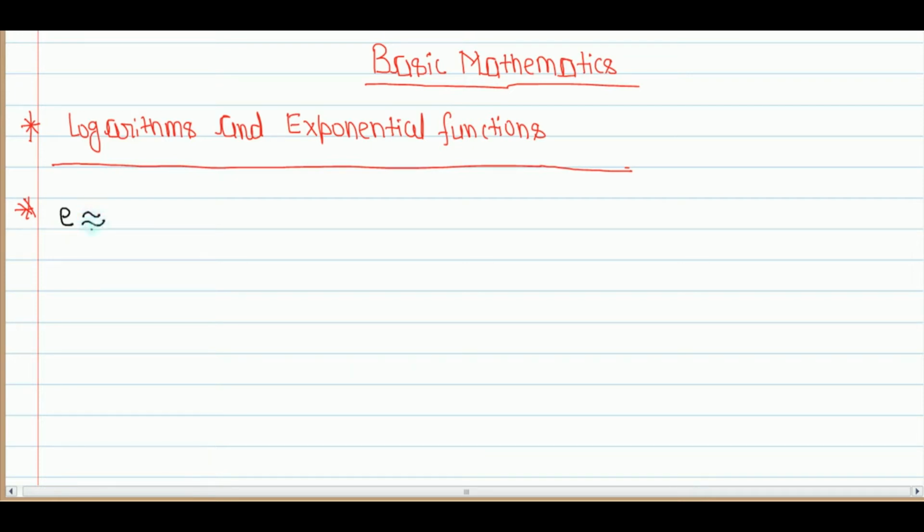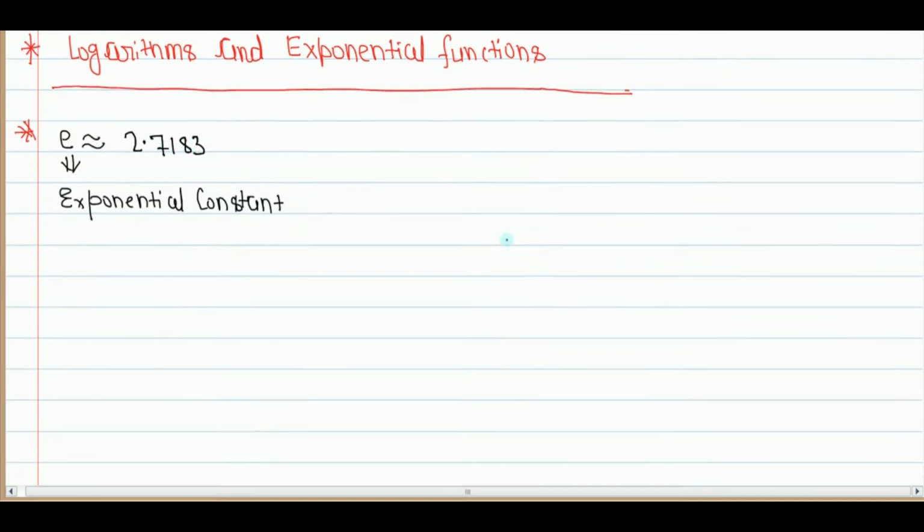What is e? e is nothing but the exponential constant, which you may have seen constantly used in the exponential functions, and the value of e is approximately equal to 2.7183.